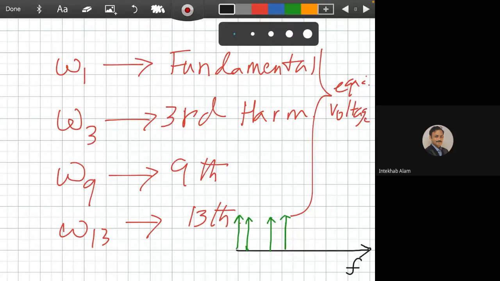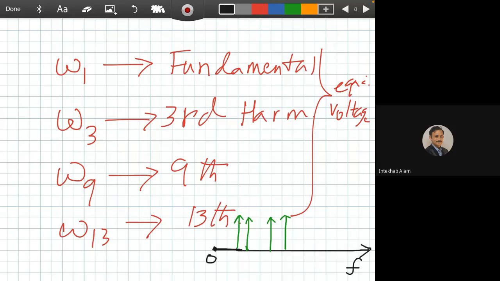Okay, and if we just count it, this is 0. There is no DC, so this is 0. Okay, frequency of 0 is 0. There is no DC output. Okay, so do you have any question regarding this frequency spectrum?